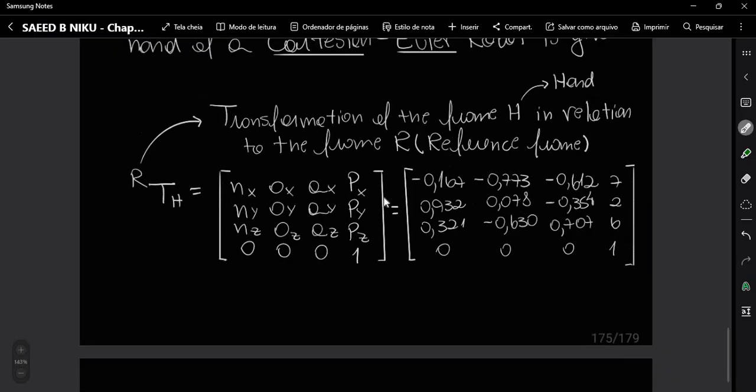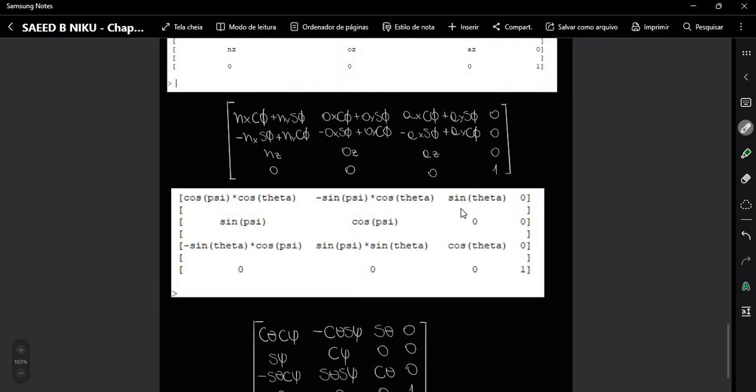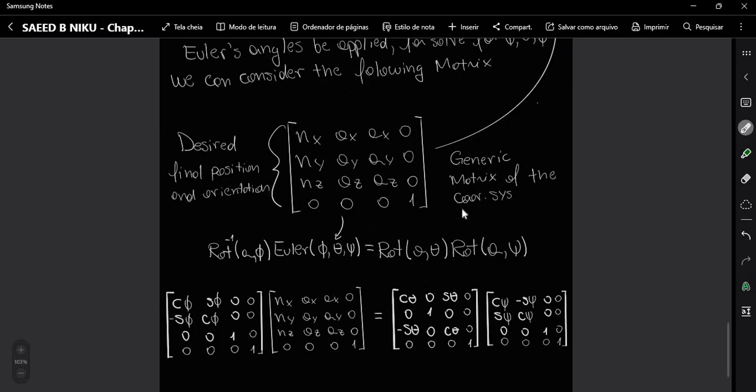Okay, so again, it looks like pretty much the same. Right here, this we are naming a generic matrix of the coordinate system because we can also use these solutions for other coordinate systems.